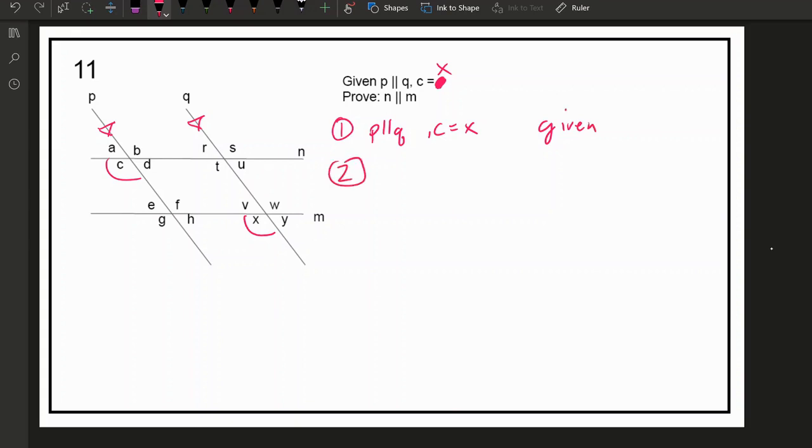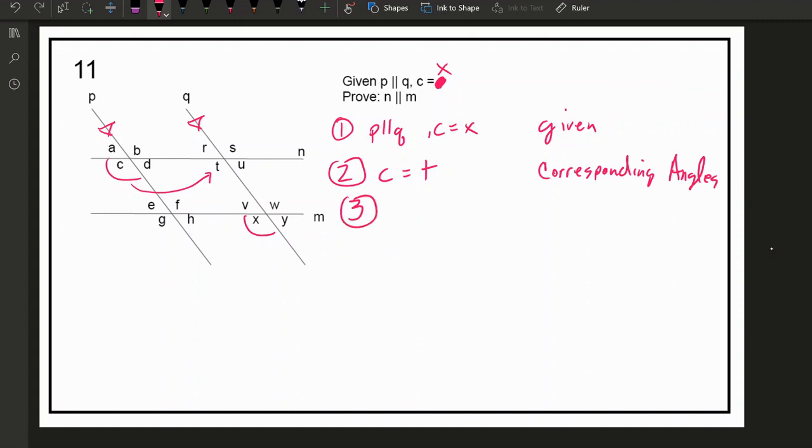Now step 2, I want to turn this into one of my angle pairs that I can use to prove that lines are parallel. And the easiest way I see to do this is I can jump from C over to T. So I can say C is equal to T because of corresponding angles.